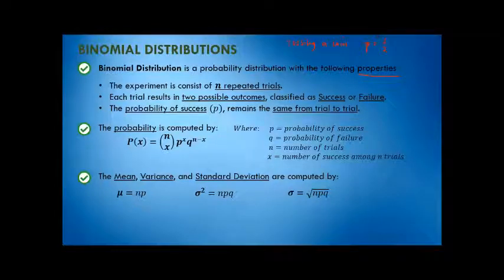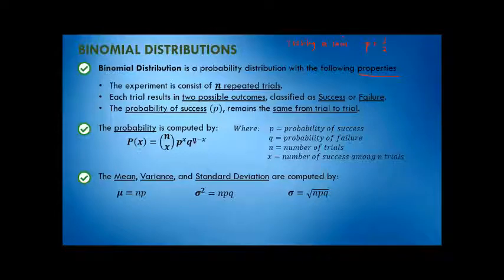Kahit ilang beses mo itos yung coin, ang probability pa rin ng success mo is 1/2. Hindi siya magbabago, hindi siya madadagdagan, hindi siya mababawasan. Yun yung ibig sabihin ng the probability of success remains the same from trial to trial.